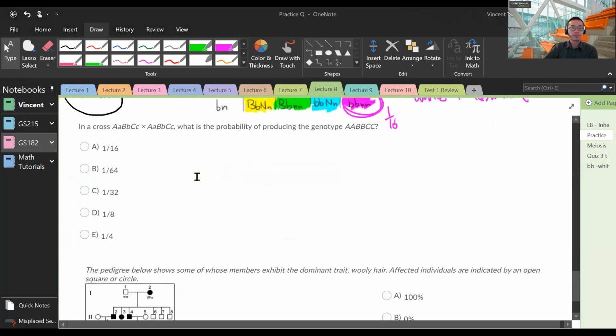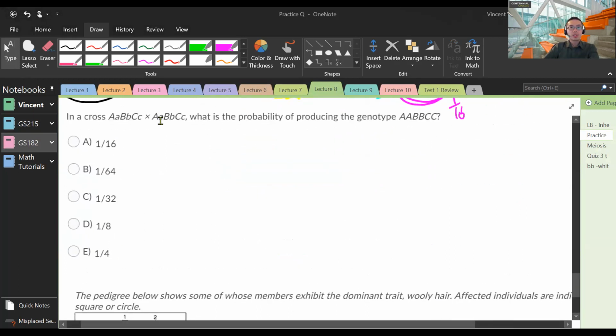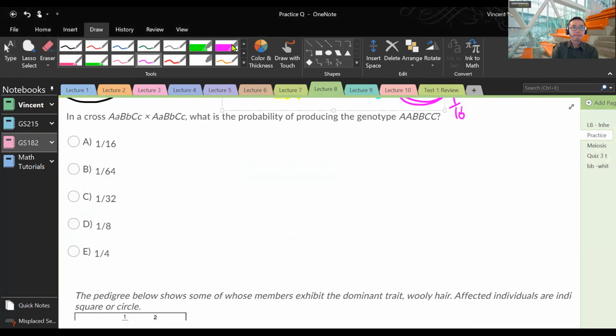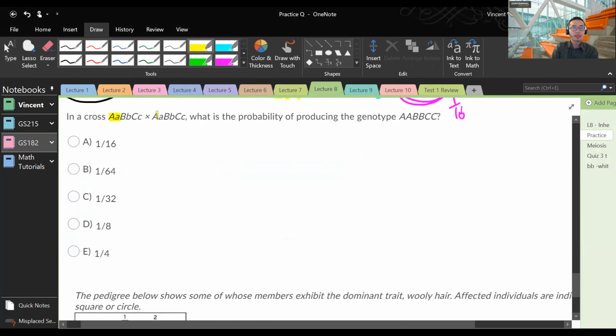Let's do another question right here. In a cross of this, what is the probability of producing a genotype of big A, big A, big B, big B, and big C, big C? For this particular question, let's take a look at big A, small a, by big A, small a.